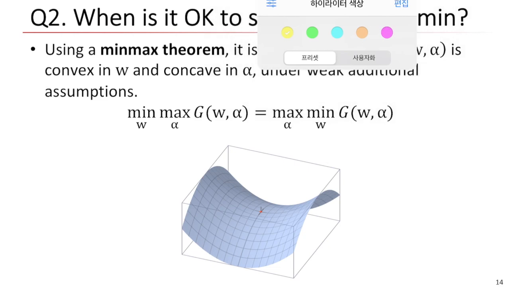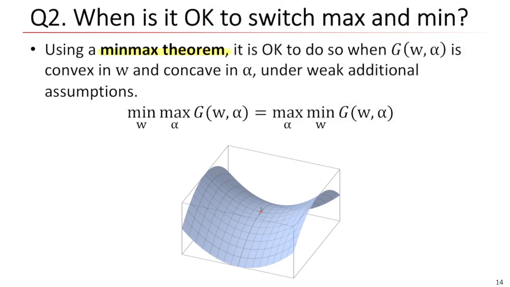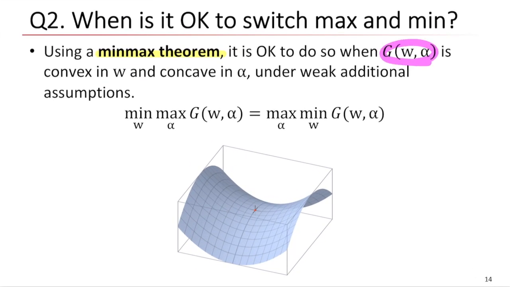Using the min-max theorem, actually you don't need to worry about what the min-max theorem is, but just remember that using some kind of theorem, it is okay to switch between the maximization and minimization when G(W, alpha) is convex in W and concave in alpha. Something like this. What does it mean?